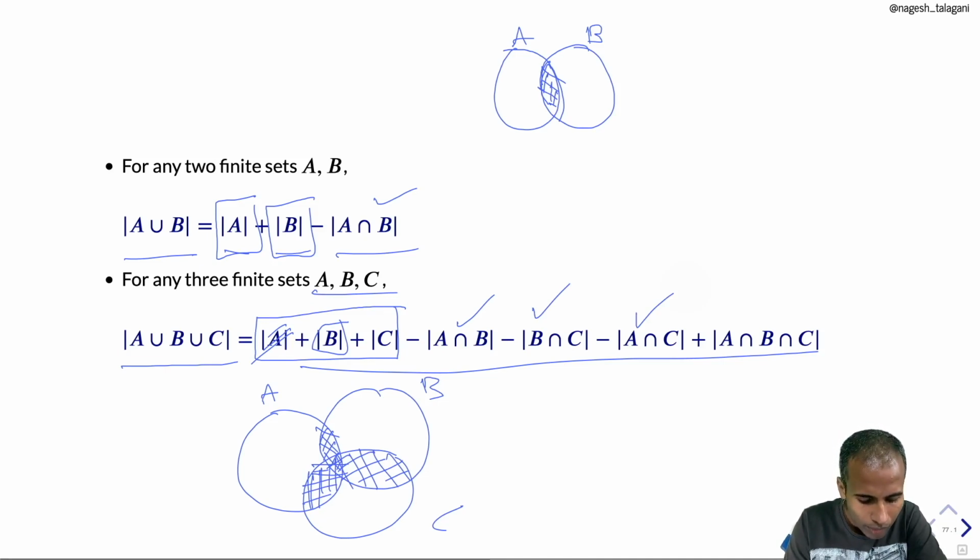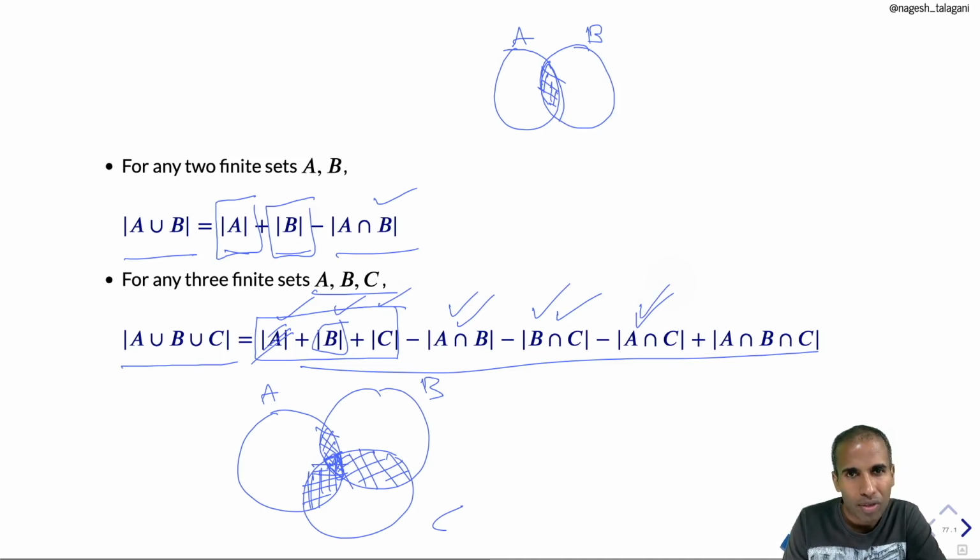But the problem is with this intersection A intersection B intersection C. They got included once in A, once in B, once in C. Also, they got excluded once in A intersection B, once in B intersection C, once in A intersection C. That means we included thrice, excluded thrice.